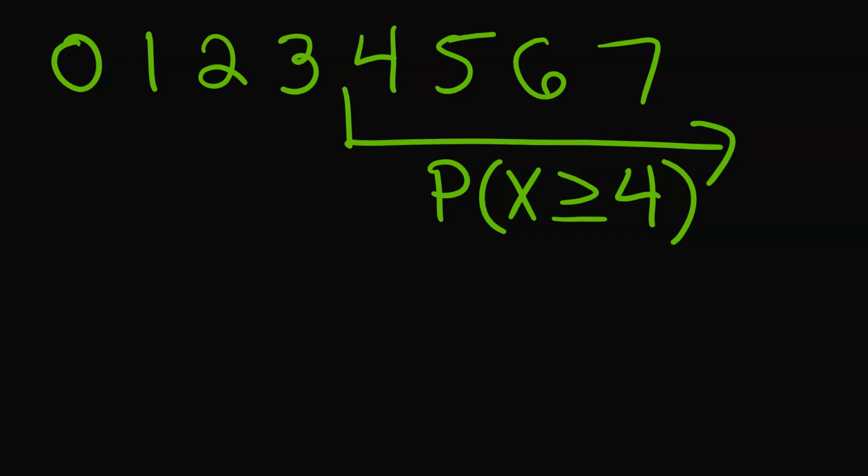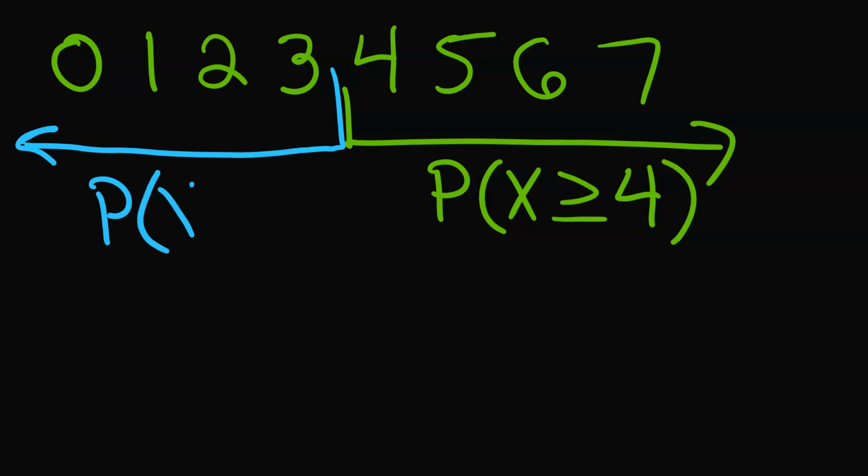If we're trying to find the probability of x being greater than or equal to 4, let's think about what's left over. Our other possibilities, we could call this the probability that x is less than or equal to 3. If we add all of the probabilities of all the possible outcomes together, we know what we should get: 1.